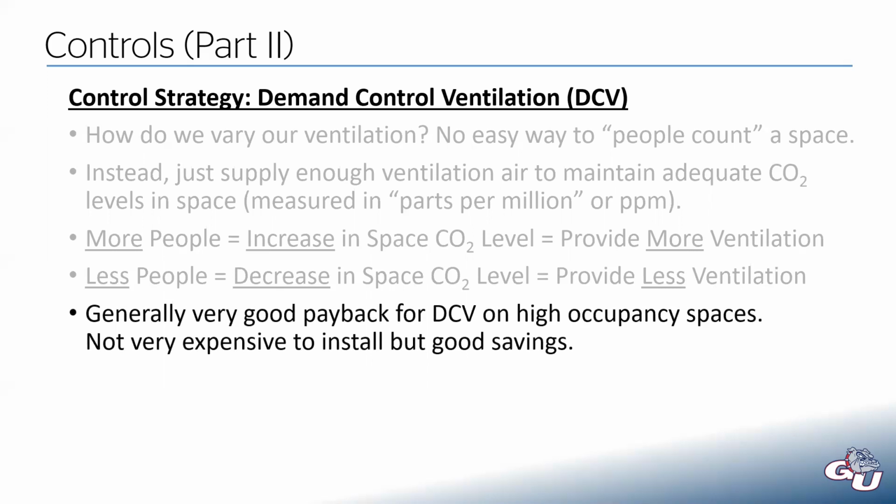It's kind of similar in concept to occupancy sensors back when we were talking about lighting. If you install that occupancy sensor on a lighting system, that's a very good way to dynamically control the run hours of that lighting system to only turn the lights on when people are actually there. Same idea here, only provide ventilation when people are there, and dynamically adjust the ventilation based on how many people are there versus not.